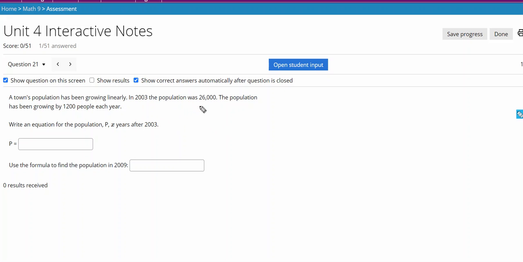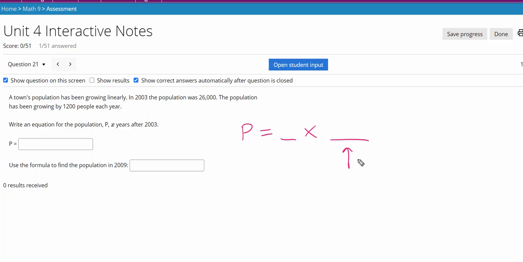So in 2003, the population was 26,000, right? Let's just write it out first. I know the equation will be P is equal to something times X, and then it's going to be plus or minus something, right? I've been talking about that constant term. It's where we start.